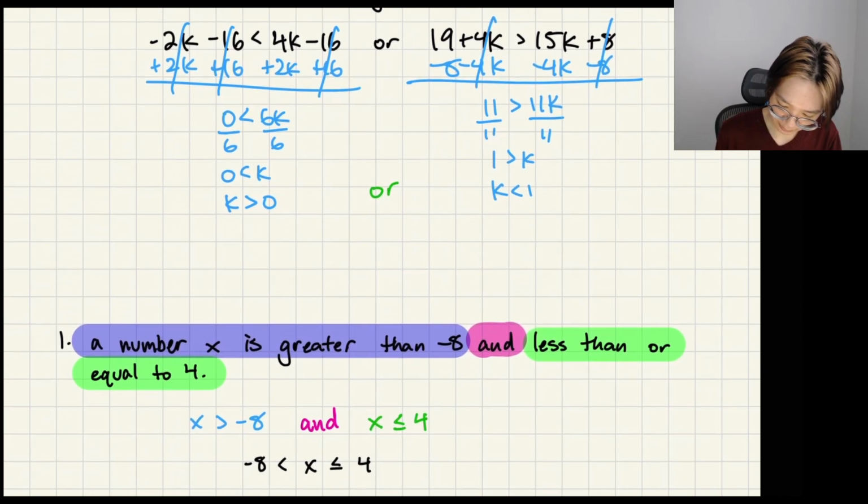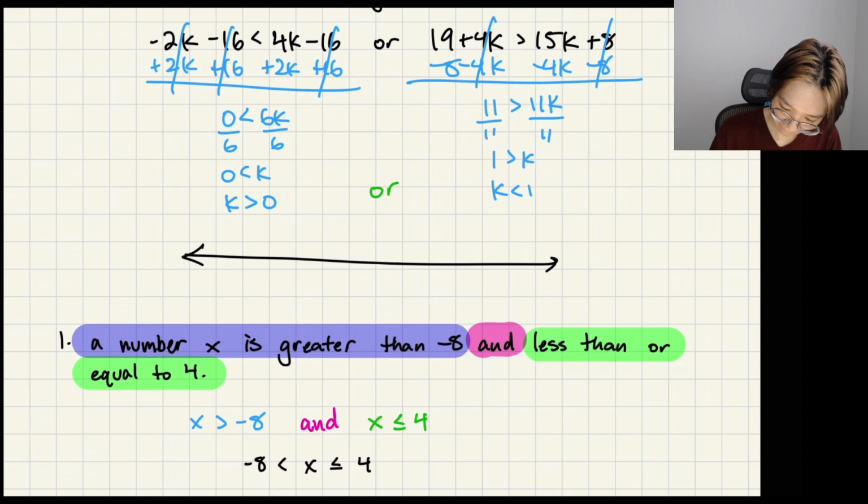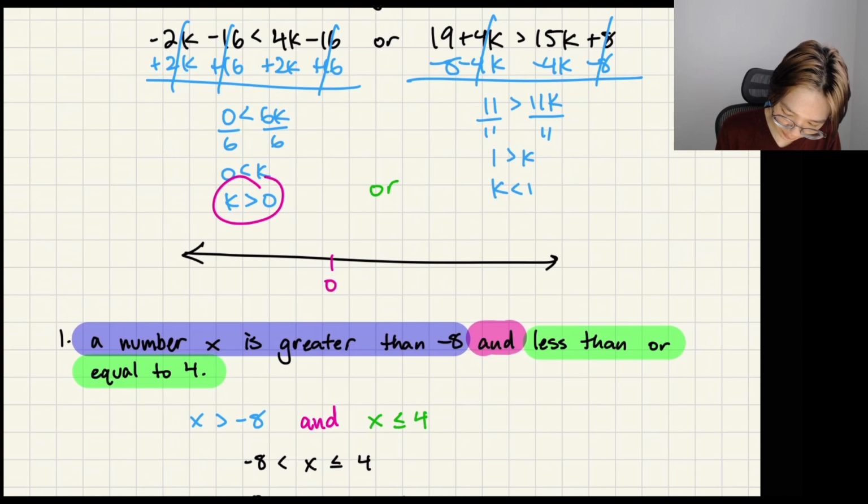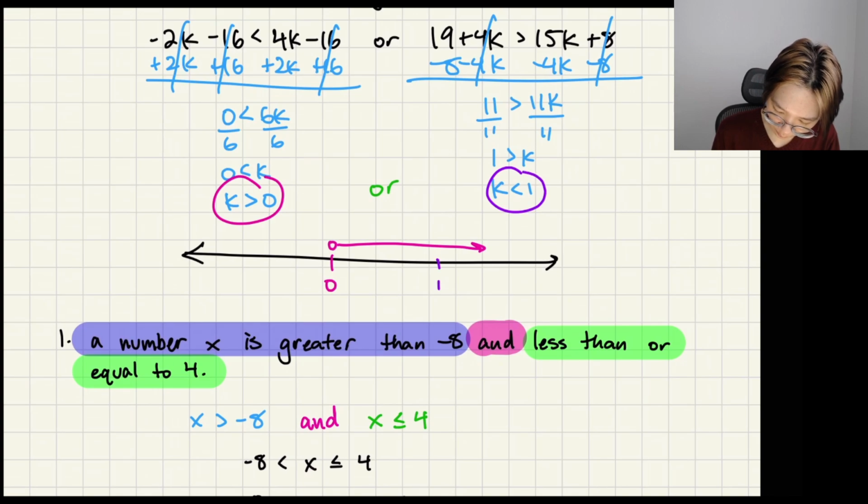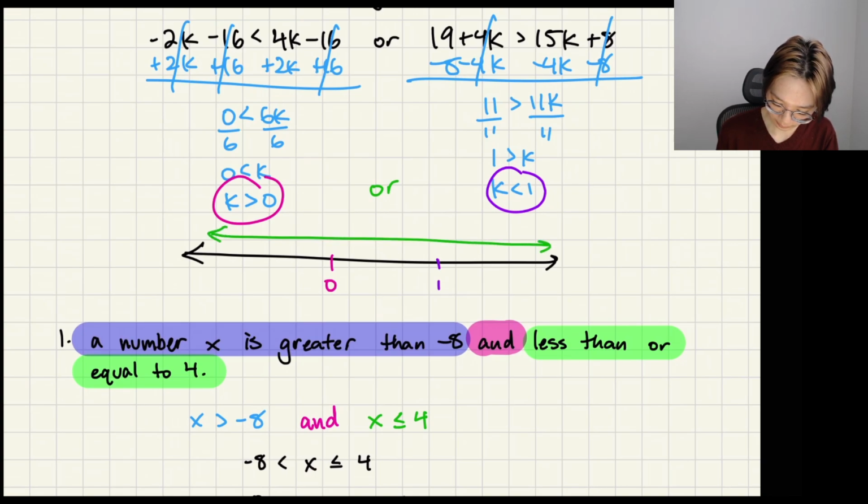So if we graph this, let's see what happens. This one is pink, so we have 0 over here, open circle, it's everything greater than 0. Purple over here, we have 1, open circle, it's everything less than 1. Hey, this is one of the special cases we talked about. So our answer is actually going to be this.